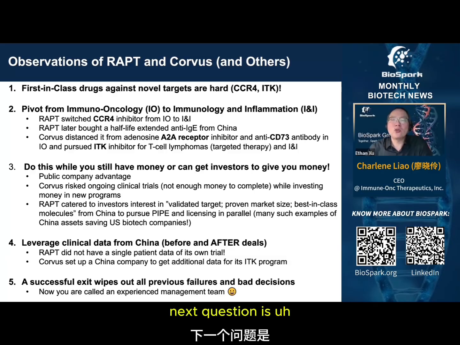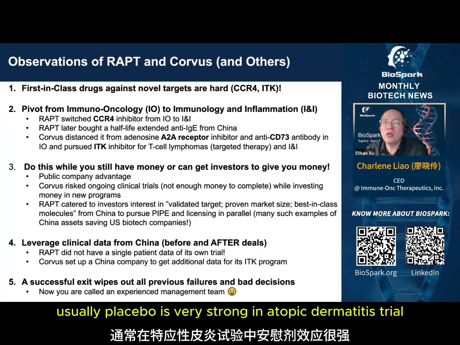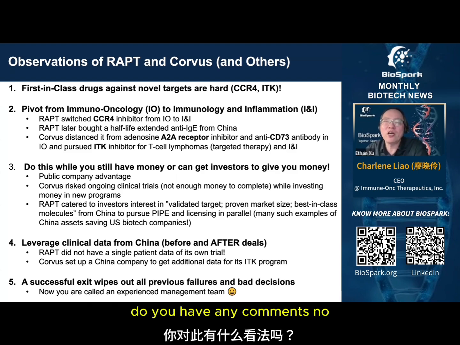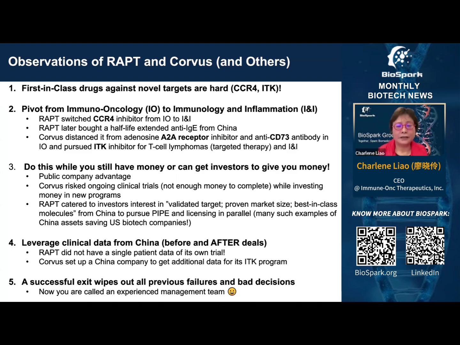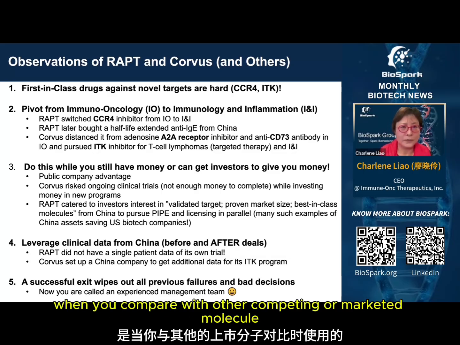Okay, great. Next question is, it's surprising that the ITK trial did not see any placebo effect. Usually placebo is very strong in atopic dermatitis trials. Do you have any comments? No, it's 20%. The one slide is placebo adjusted when you compare with other competing or marketed molecules.